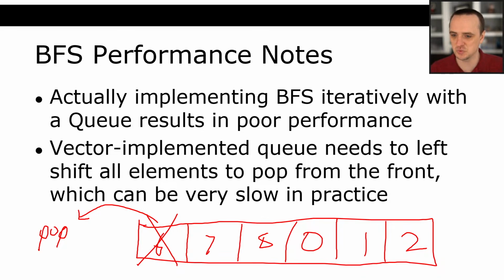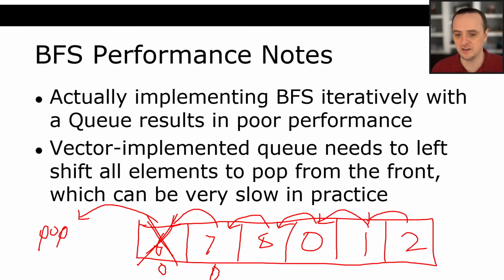Because in an actual vector, if you're using a contiguous vector, what has to happen in order for this to be implemented is everything in the vector now needs to be shifted to the left to fill up that first spot in the queue, right? Because this is index 0 of the queue, this is index 1. If you remove this index, well, now this one has to be index 0, right? And there's no magic way to do that other than to shift everything to the left.